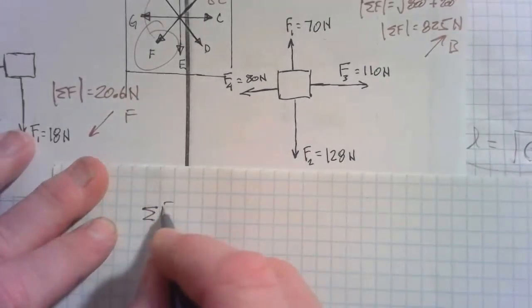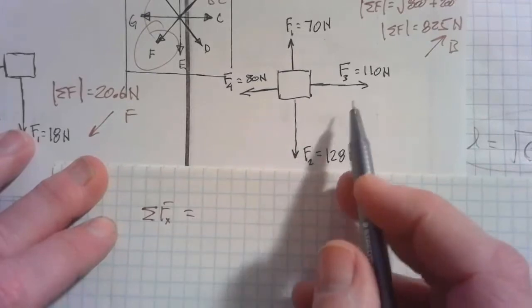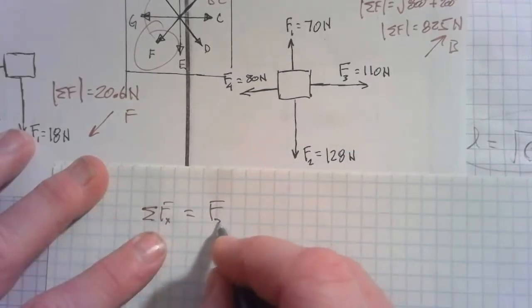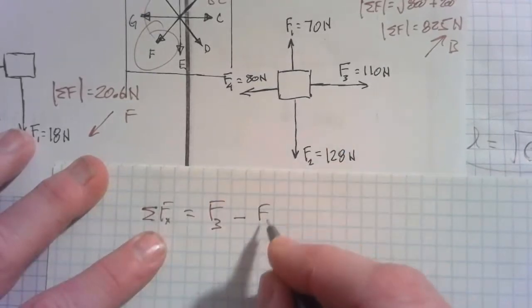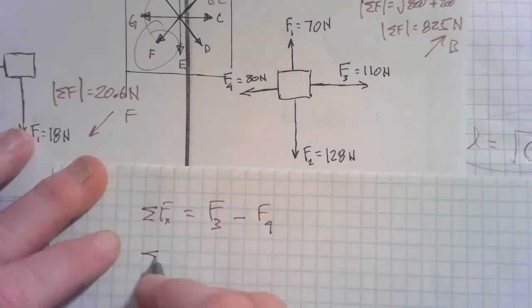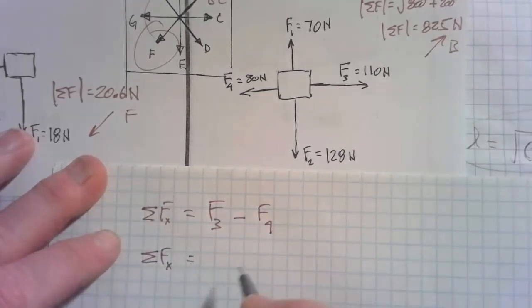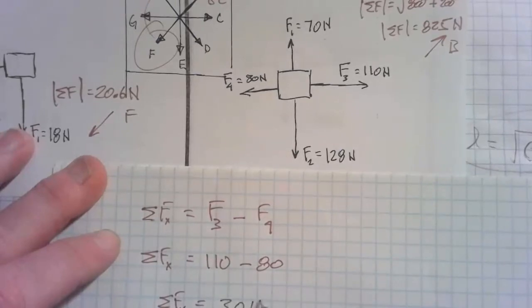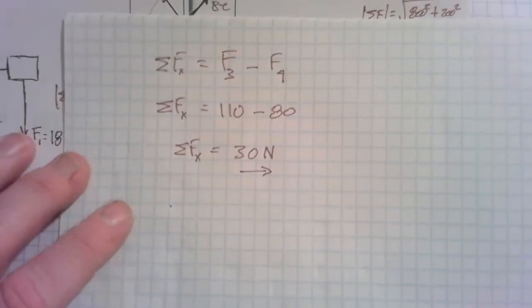The net force in the x is going to be F3 minus F4, which means the net force in the x is going to be 110 minus 80. And it's going to be 30, positive. So keep that in mind. It's 30 to the right.